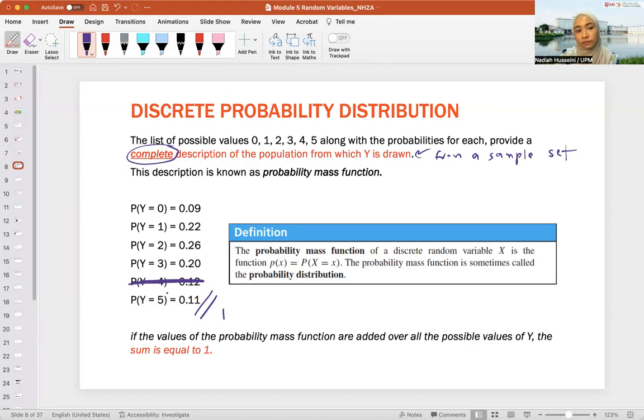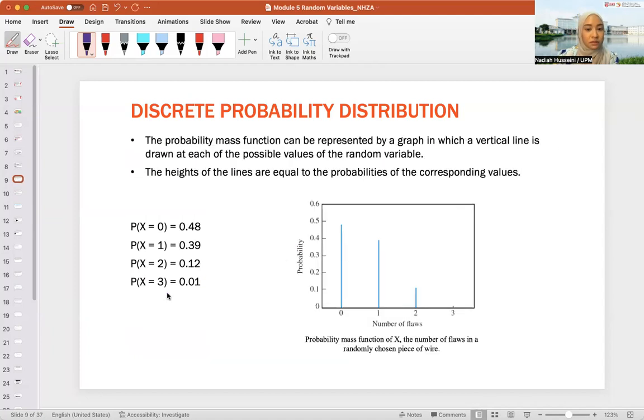Now, why is it important for us to know what the probability mass function is? Because typically when we want to visualize data, we plot it in graphs. For example, these probability values add up to 1, which means this is a complete probability mass function. If we plot this into a graph, we plot it discretely.